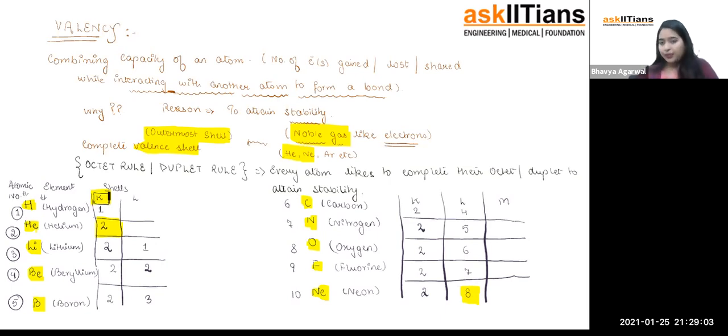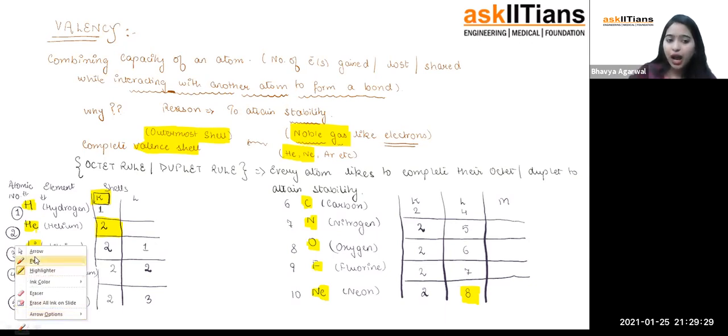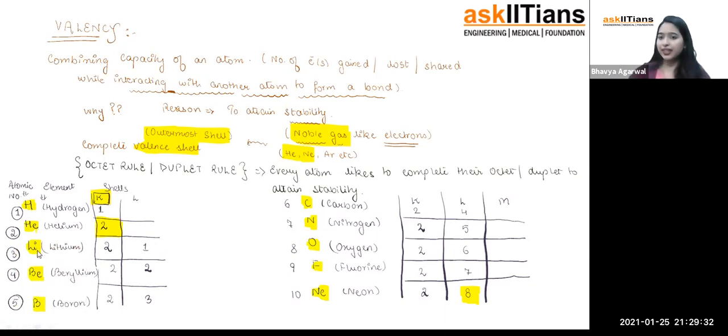That is why we call them as stable, because they have maximum electrons which they can obtain, or which they can collect, which they can have. They're having maximum, and that is why they're quite satisfied. Since they're satisfied, we call them as stable elements. Right? I hope you all understood this, agreed with this, right?